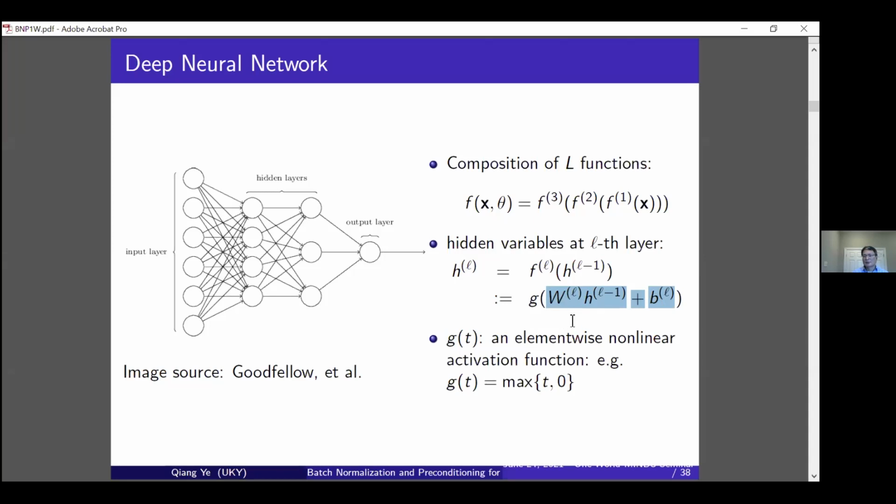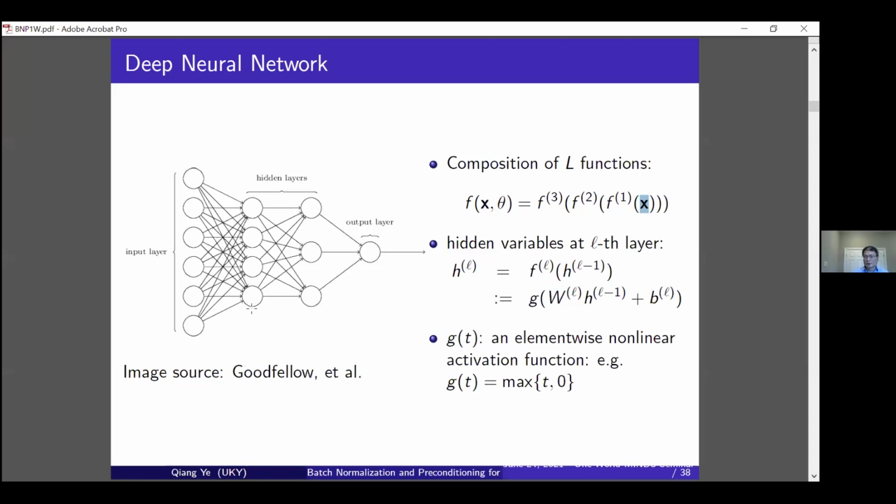Okay. So this is typically represented as a neural network. Here the H_l are the intermediate variables, also called hidden variables. By the way, H0 is the input X. From input X, a vector here, you can think of it as a bunch of neurons.